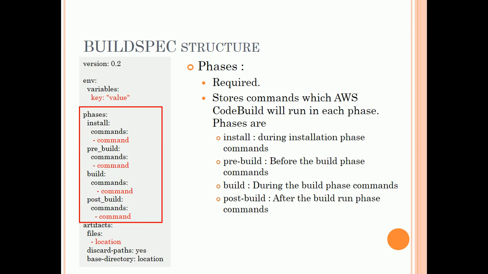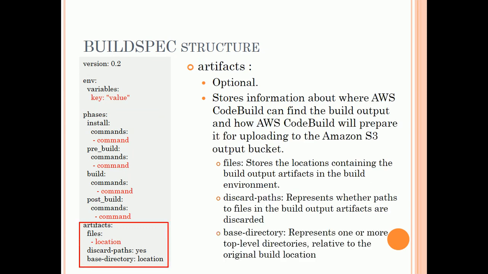The fourth and last sequence is artifacts. Artifacts is the optional sequence. It represents the information about where AWS CodeBuild can find the build output and how AWS CodeBuild will prepare it for uploading to the Amazon S3 output bucket. There are a total of 3 subsequences: files, discard paths and base directory.